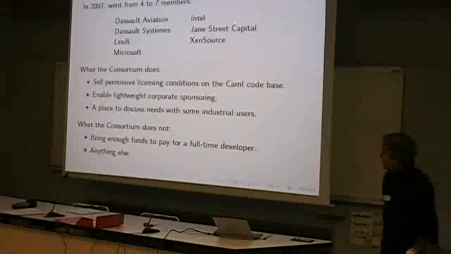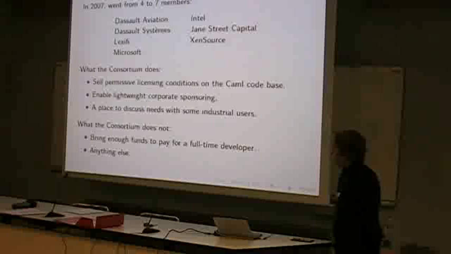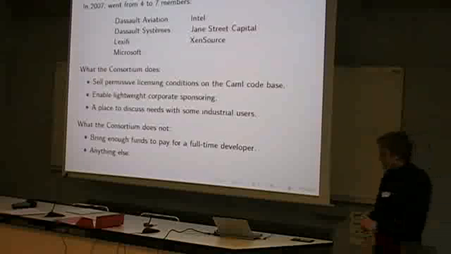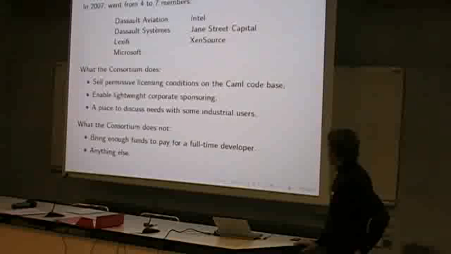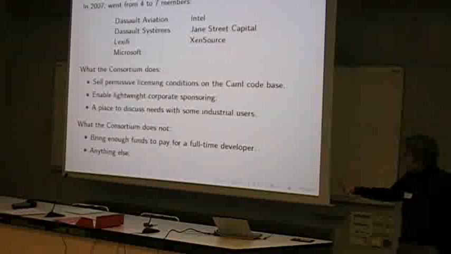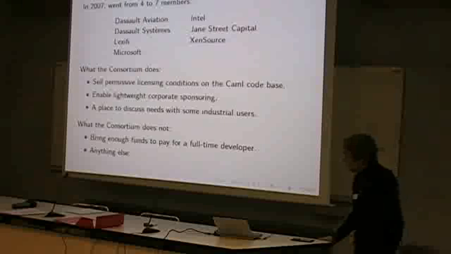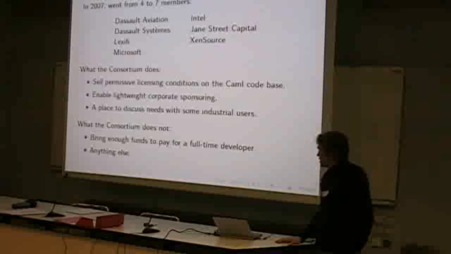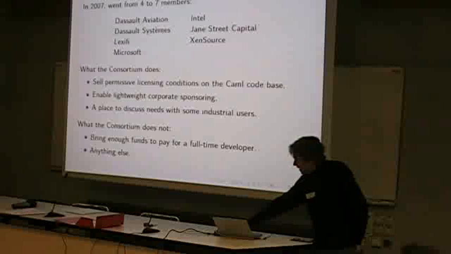The yearly meetings of the consortium are also a good place to discuss needs with industrial users, and the needs they express are quite different from what you can hear on the mailing list, for instance, and probably from what we will hear about today. The consortium doesn't do anything else. In particular, at this point, it doesn't bring enough funds to pay for a full-time developer.